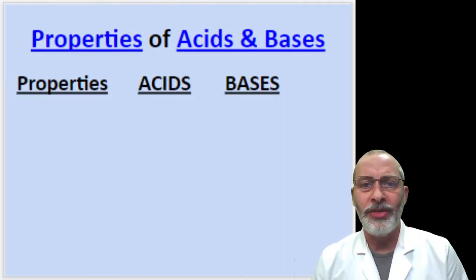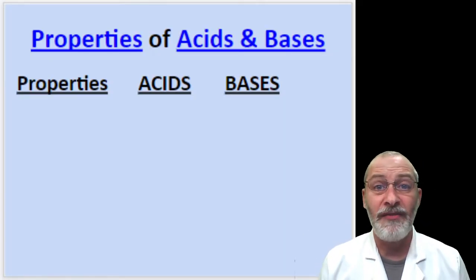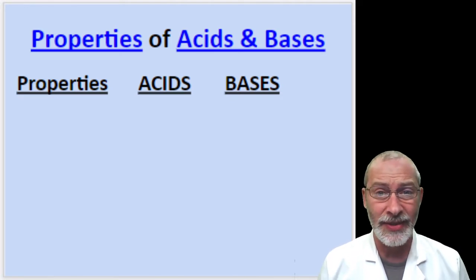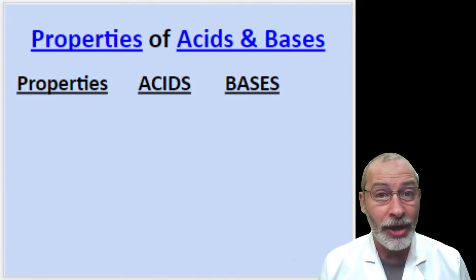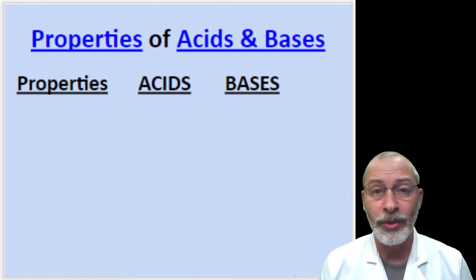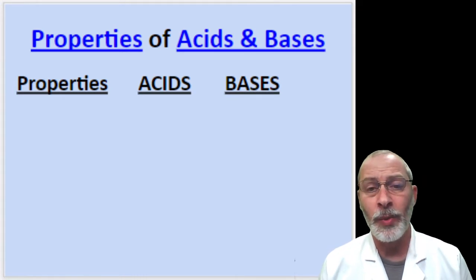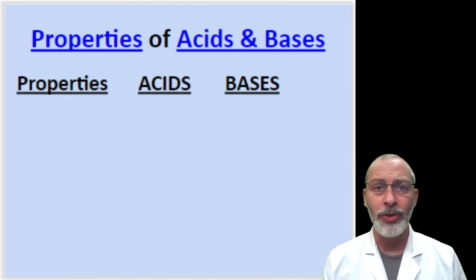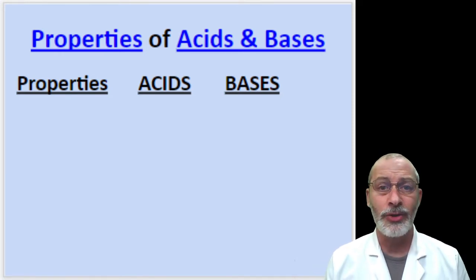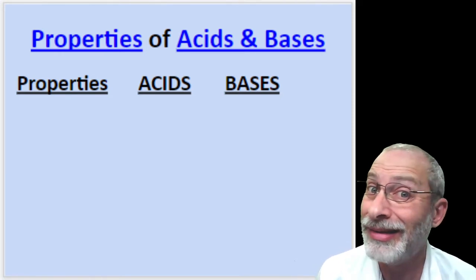Let's begin with the properties of acids and bases, and be sure you are following in your book, and there's a chart in your book that you're going to be completing with the summary information we're going over here right now. So when we talk about properties, remember from earlier in the year when we use the word properties in science, we're not talking about real estate.